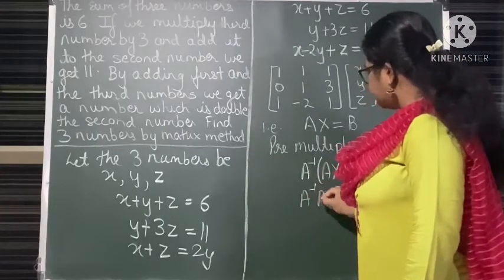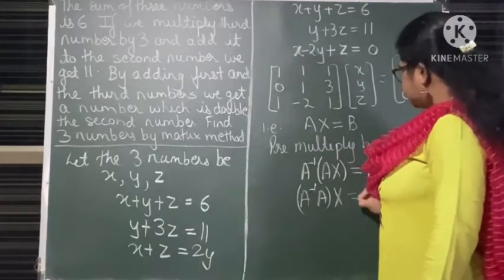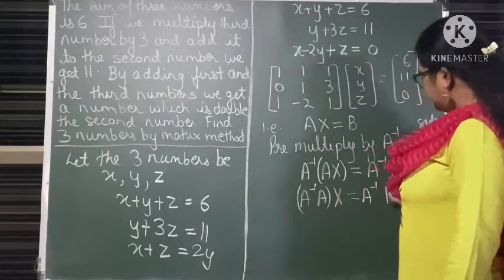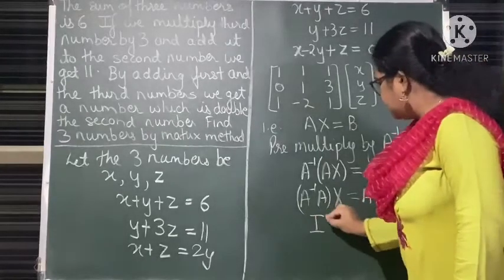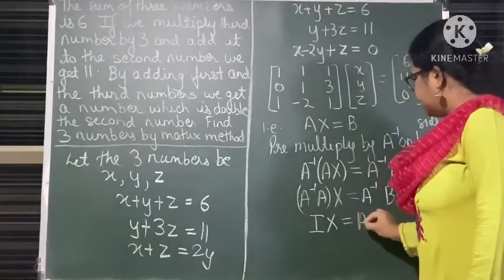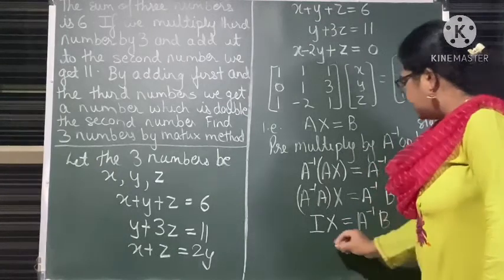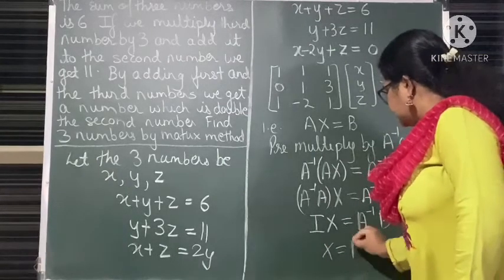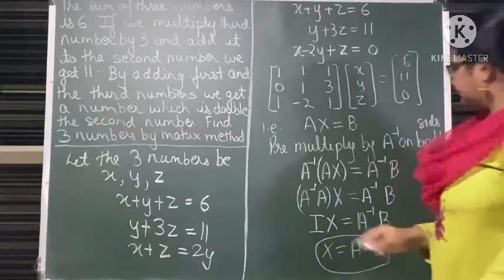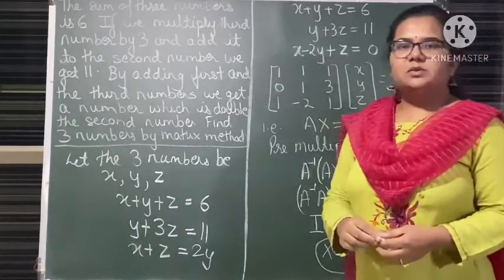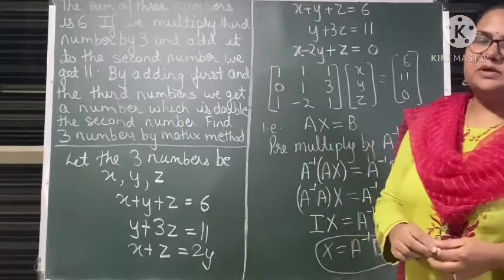So A inverse into A into X equal to A inverse into B. Then I into X equal to A inverse into B. So X equal to A inverse into B.